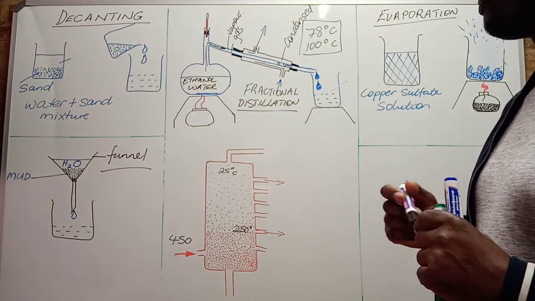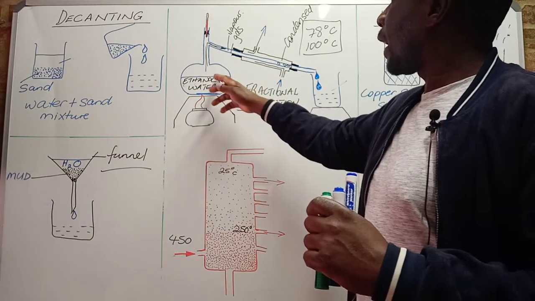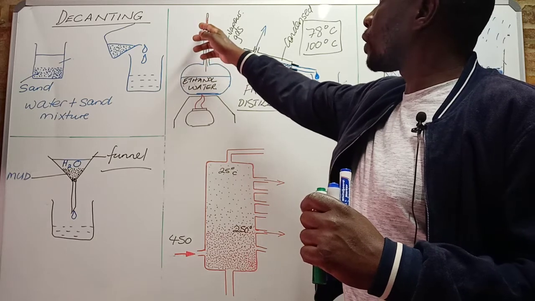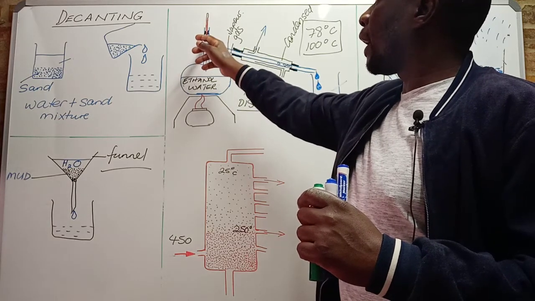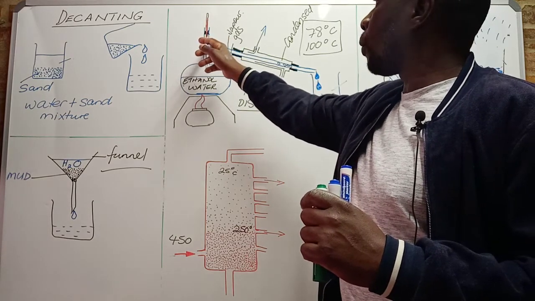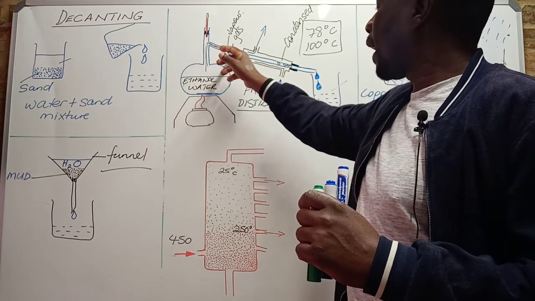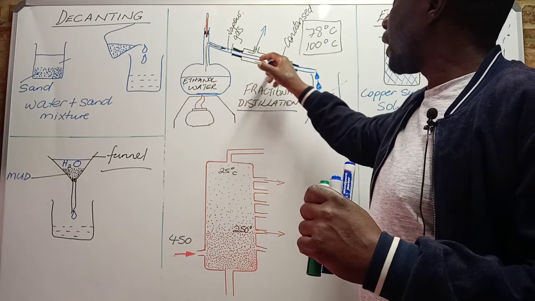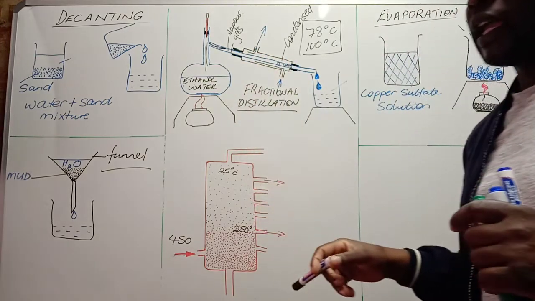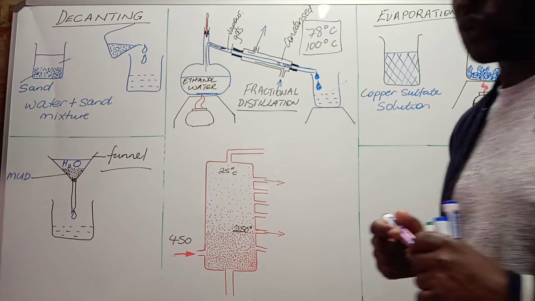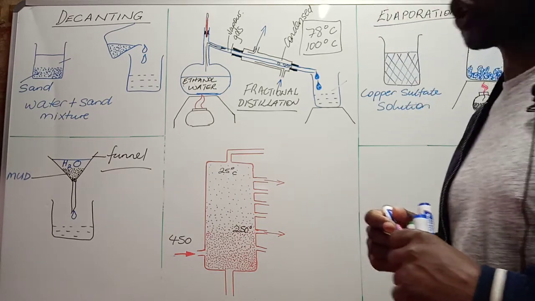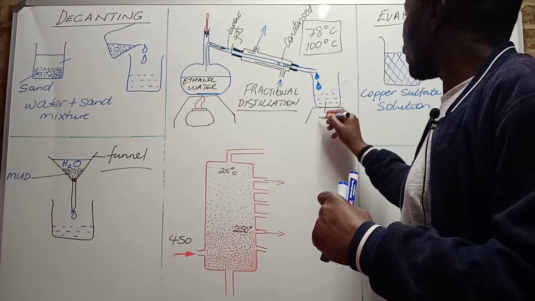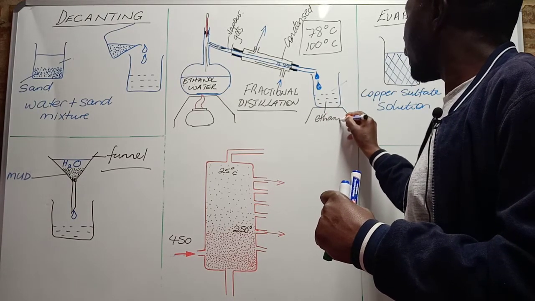As ethanol boils out of the solution, it changes into a gas form. Because at the top it is closed, the easy way out will be to follow this channel. And as it reaches the condensation apparatus, it is turned back into liquid. It is condensed into liquid, and we will collect our ethanol at that end.